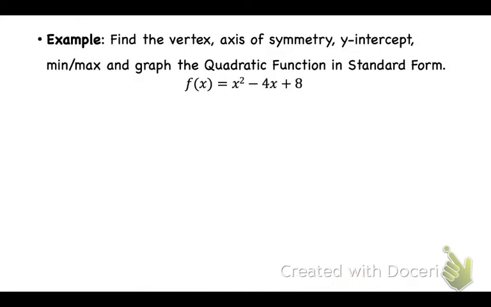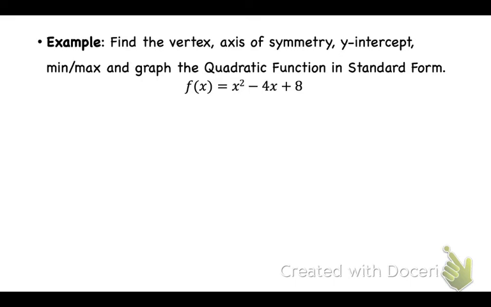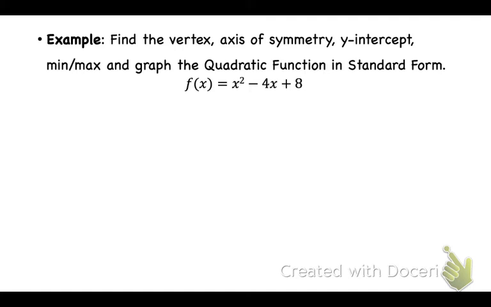Okay. Find the vertex, axis of symmetry, y-intercept, min and max, and graph the quadratic function in standard form. Everyone listen to me. Every single problem, no matter the directions, this is what you are doing. Understood? You are doing all of this.